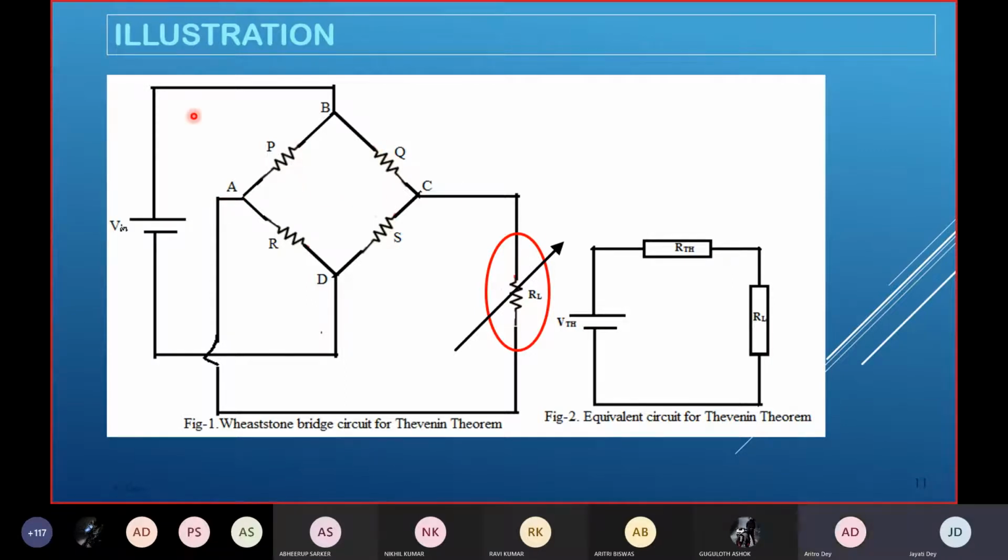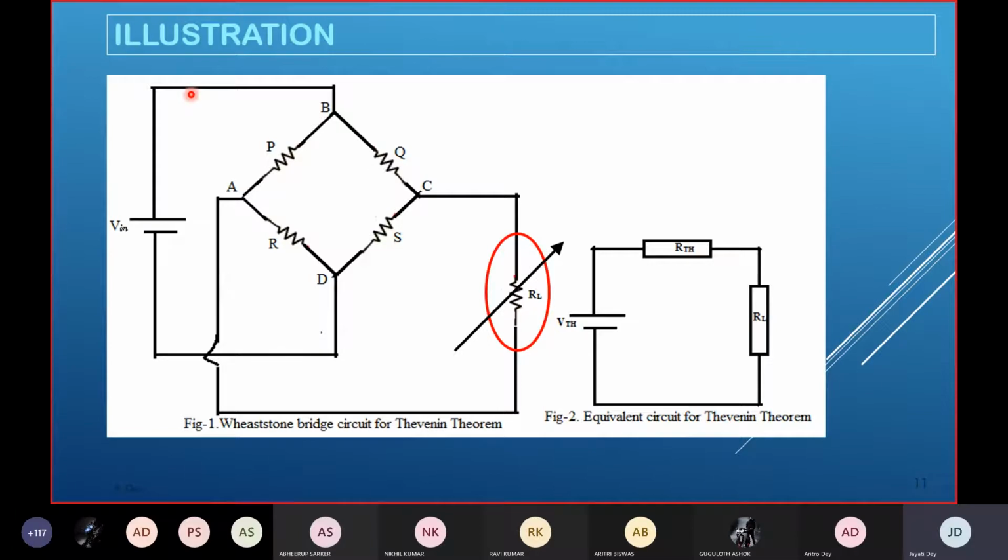Here the voltage source will be replaced with its internal resistance, and ideally it should be 0.